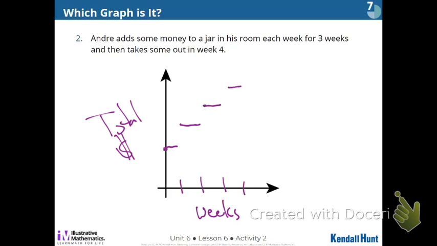The next week, more money. And then less money. Now notice, I'm trying to make these barely touch, not overlap. The reason for that is he's just dropping chunks of more money in there every week, but then for the whole week, it's staying there. It's not changing. So this is called a piecewise function, okay?